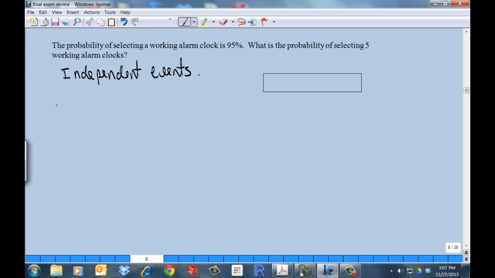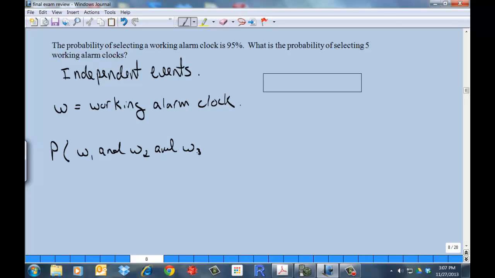So let's let the probability of selecting a working alarm clock be W, working alarm clock. And we want to know what's the probability that the first alarm clock is working and the second and the third and the fourth and the fifth.